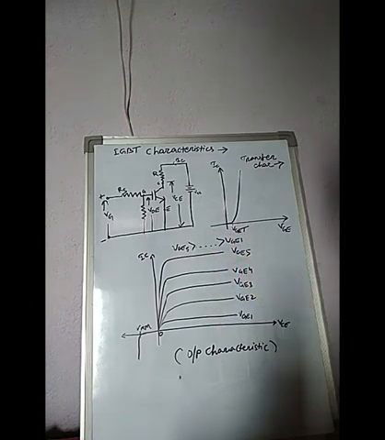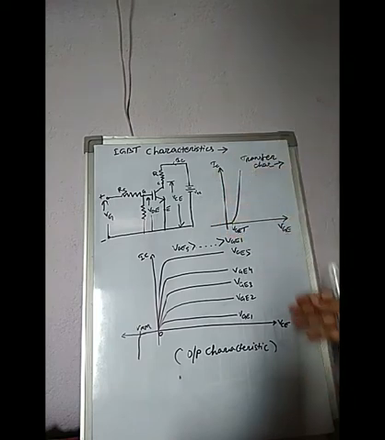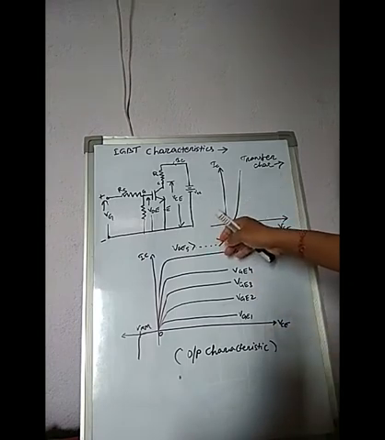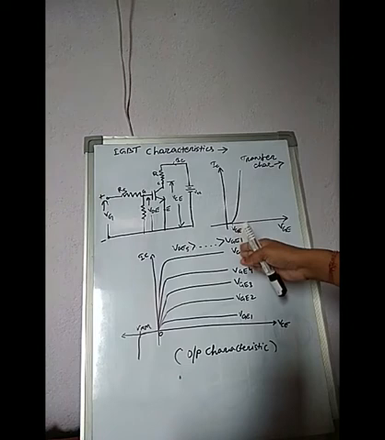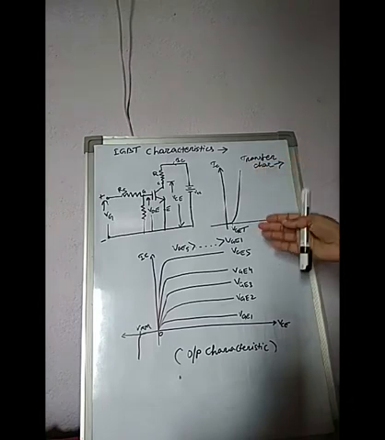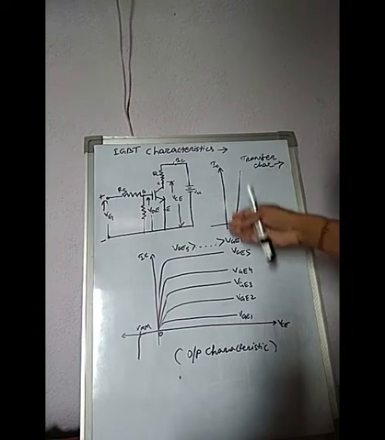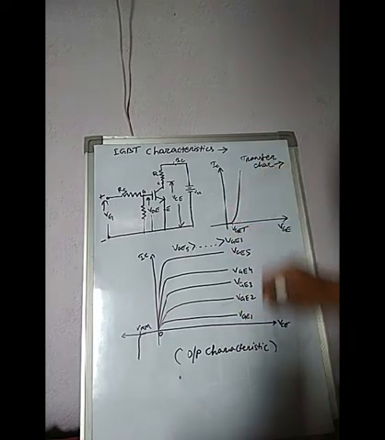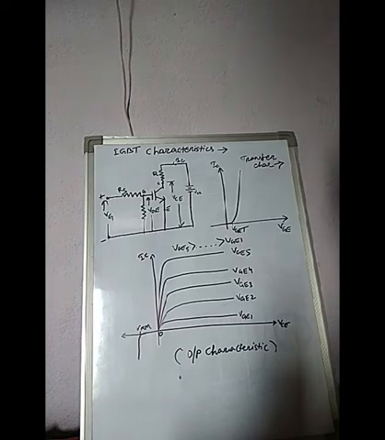So when we supply the gate voltage and the VGE level increases, initially the IC level is 0, but when VGE reaches the threshold level or beyond, that is VGE greater than or equal to VGT, the threshold voltage, IC rises linearly.